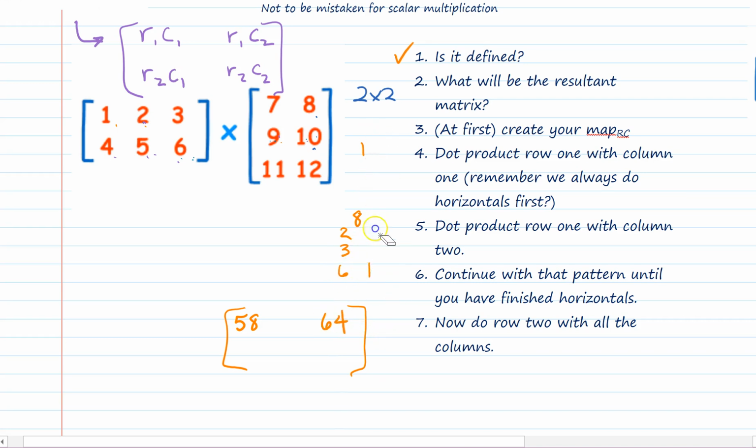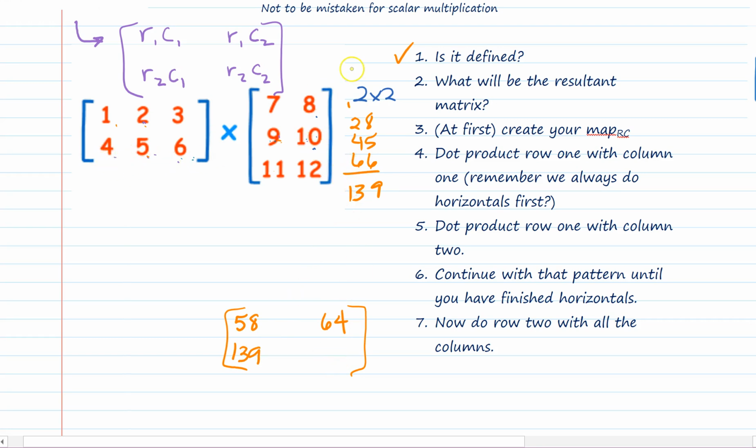Okay, now I'm going to do row 2 times column 1. 4 times 7 is 28. 5 times 9, 45. 6 times 11, 66. Adding those up, I'm getting 139. And now I'm going to do row 2, column 2, and put the answer there.